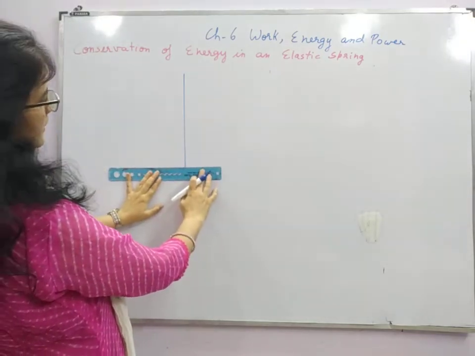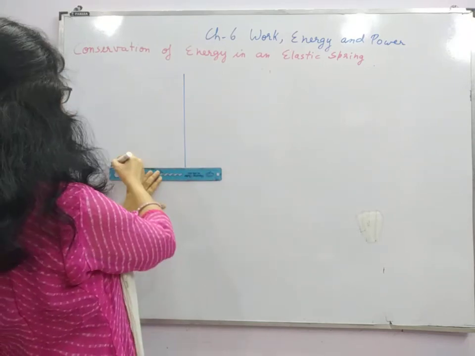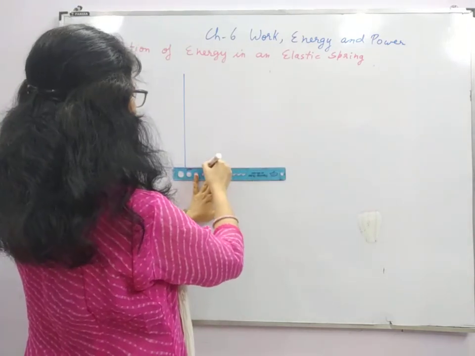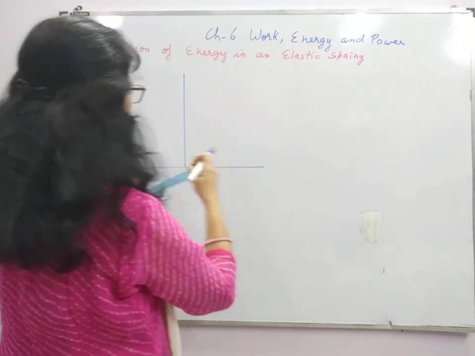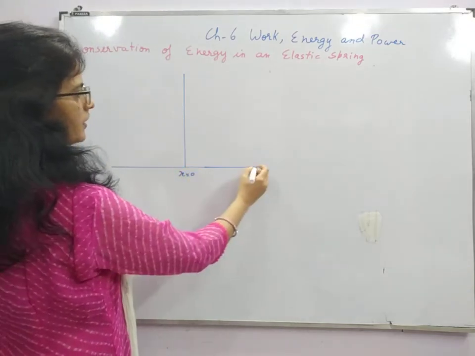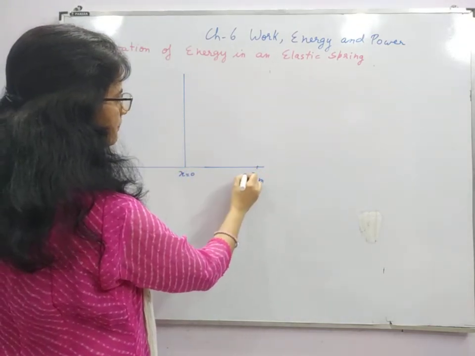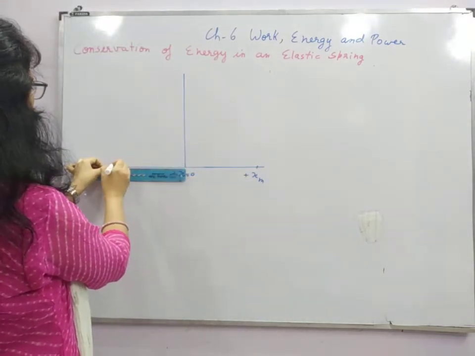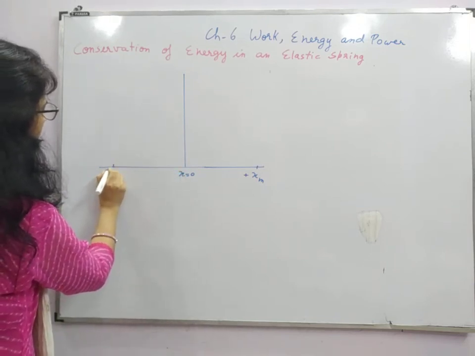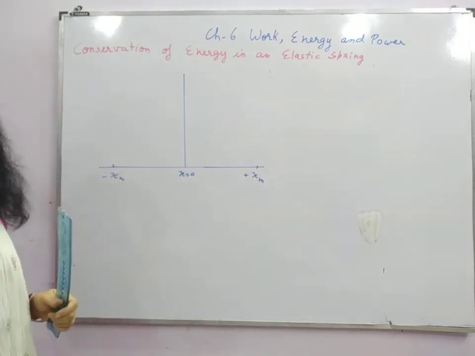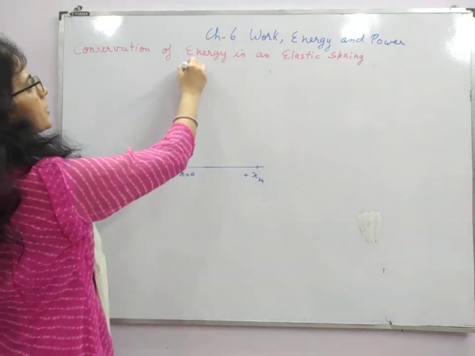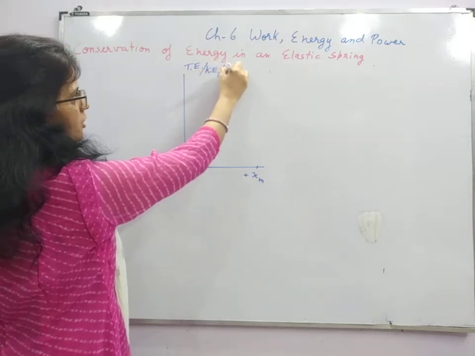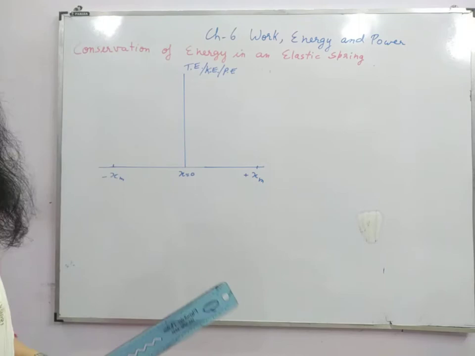Now this graph is slightly peculiar in the sense that the mean position is drawn at the center of the graph, as we have maximum extension towards the right side, that is xm, and the maximum extension towards the left side, that is minus xm. The total energy, kinetic energy and potential energy I am plotting on the same graph.